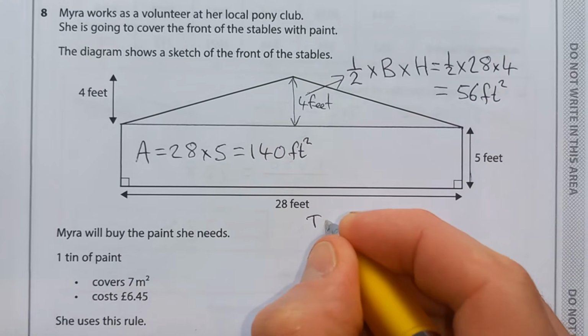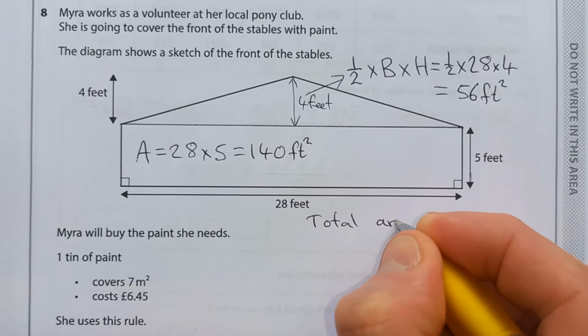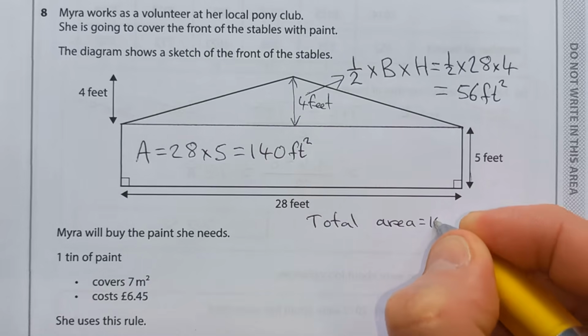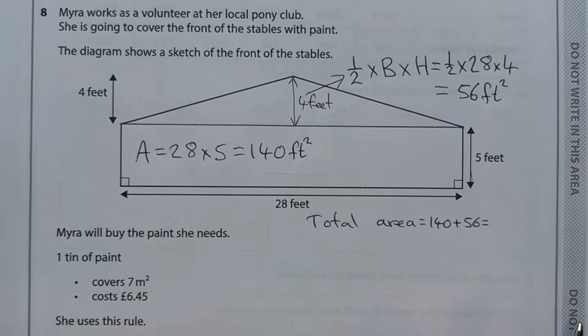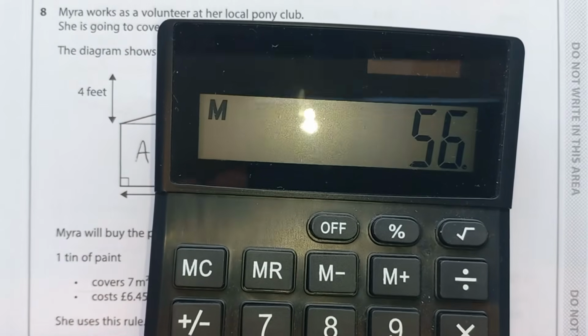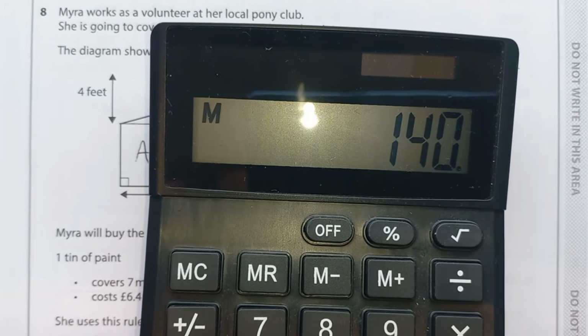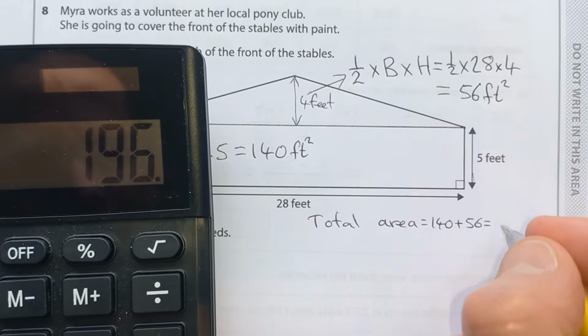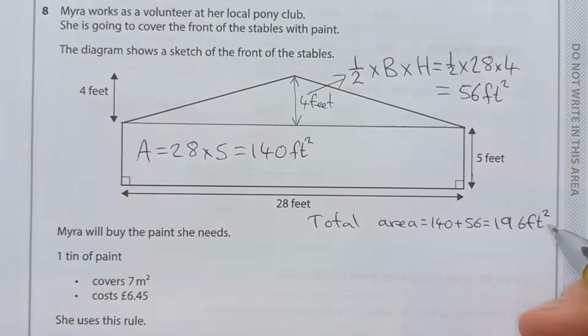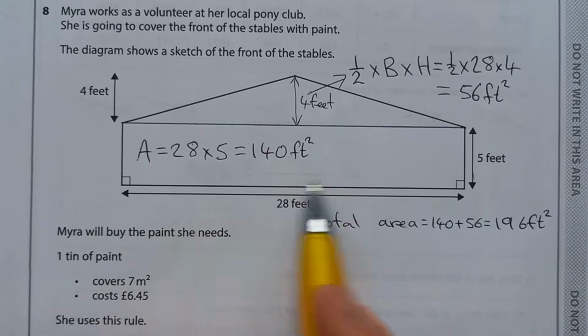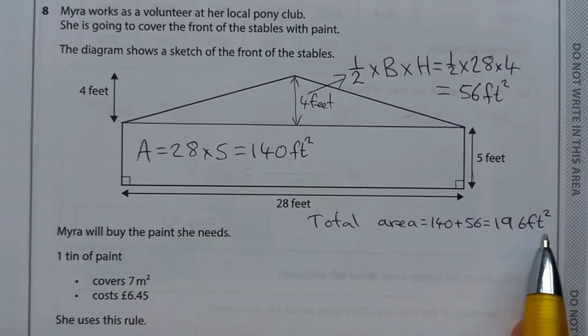Okay, so the total area is going to be 140 plus 56. So 56 plus 140, which gives us 196 feet squared. Right, so we've got the area in square feet.